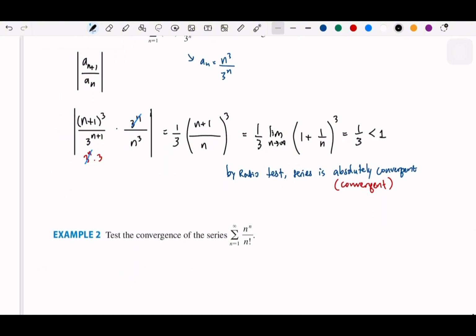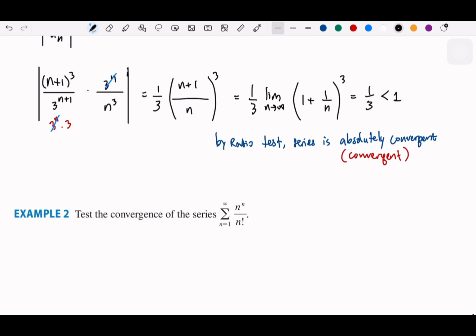Okay, now example 2, we have n to the power of n over n factorial. Now n factorial is going to be n multiplied by n minus 1, n minus 2, etc. That's n factorial, right?